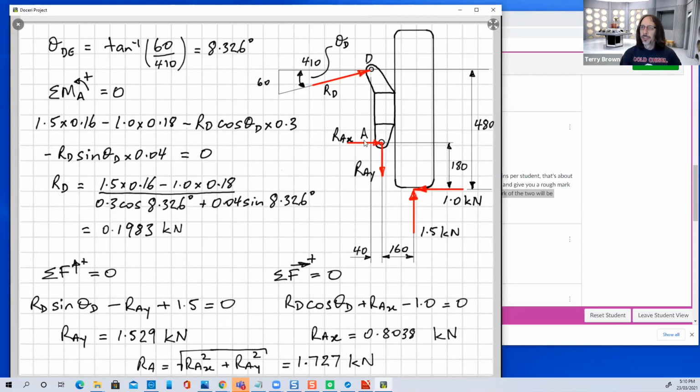So are you referring to these forces here at A, I assume? Okay, so yeah.